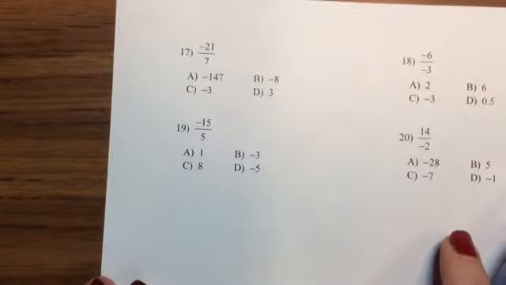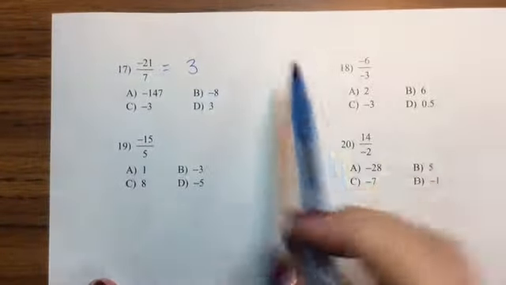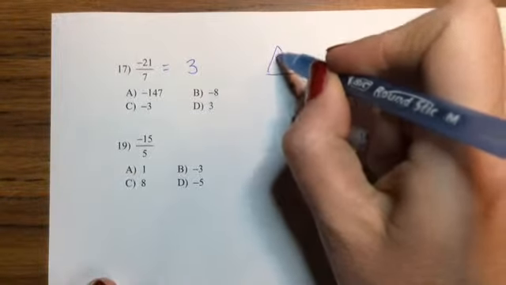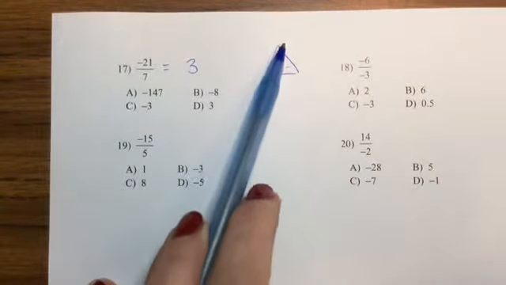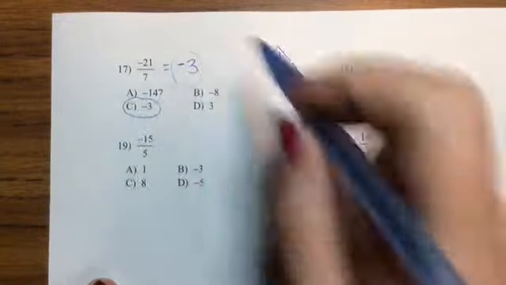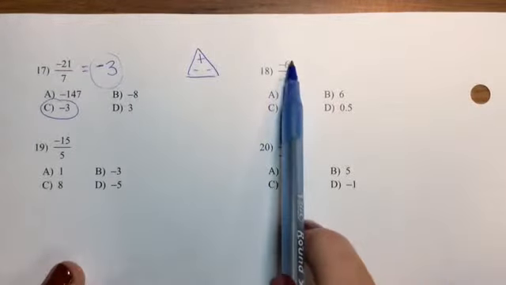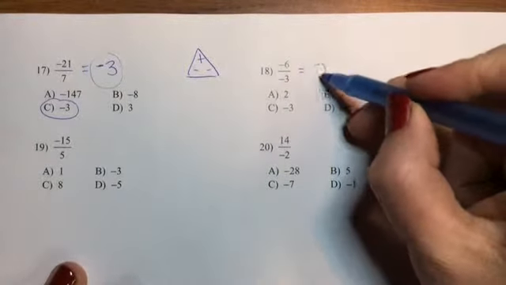All right, almost done. 4 more left. 21 divided by 7 is 3. And then I got a negative 21 and a positive 7. So I'm going to redraw my triangle. So I'm going to get a negative 3 as my answer, which is C. All right, number 18. I got a negative 6 and a negative 3. Well, 6 divided by 3 is 2.